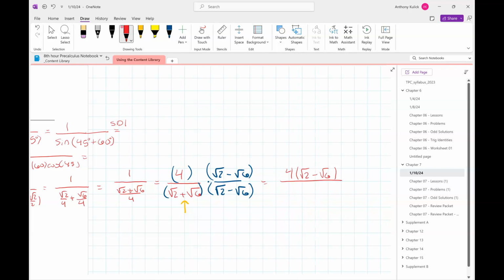When I multiply that denominator, I'm going to use the difference of two squares factoring pattern to route my way through that FOILing. You could FOIL it out instead if you'd like. We'll both end up at the same spot. The square roots and the squares cancel out, so I'm left with just 2 minus 6 in the denominator.